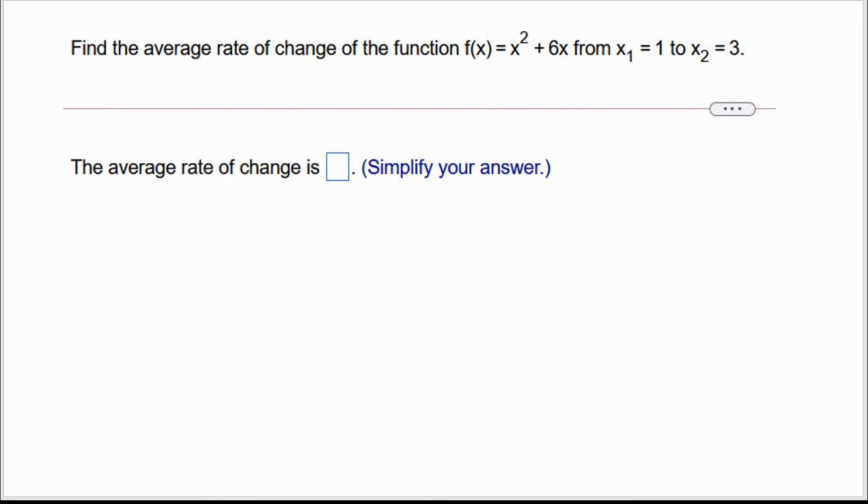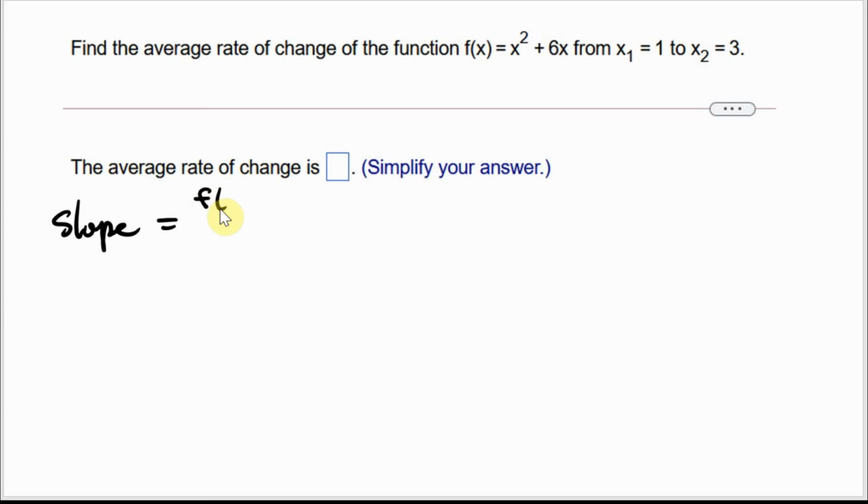All right, let's see. Find the average rate of change of a function f of x equal to x squared plus 6x, going from x sub 1 equal to 1 to x sub 2 equal to 3. So this average rate of change, I'll just call it simply the slope.